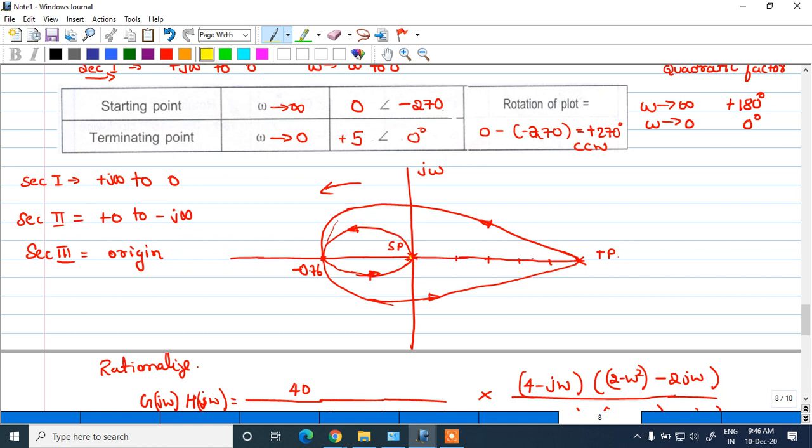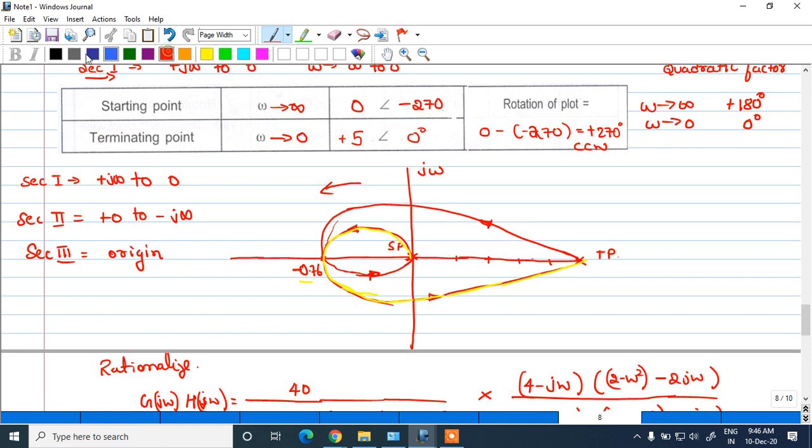Okay, this yellow line you can consider as section 1. This particular line I have drawn by substituting the values, so this is section 1, the other one is section 2. Okay, now we obtained this particular value as minus 0.76.